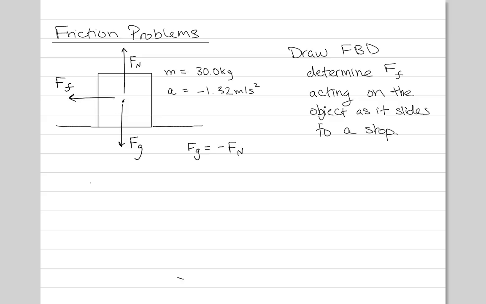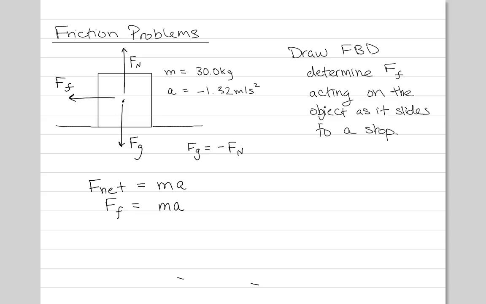Okay, so the net force is equal to ma. That's straight off your formula sheet. And the net force horizontally is what? The only force acting is force due to friction.